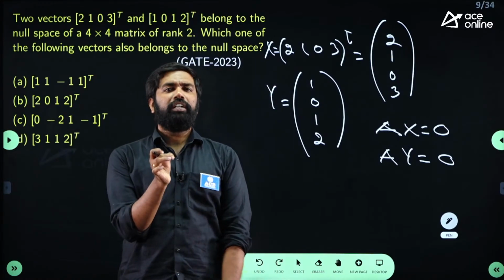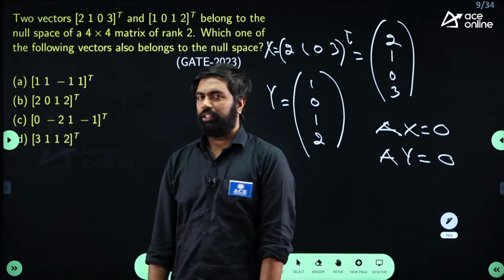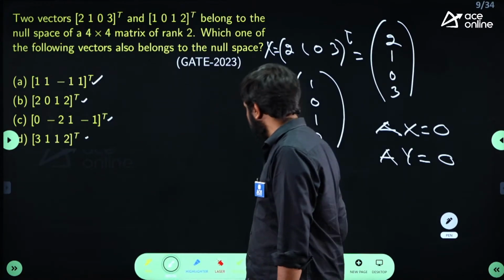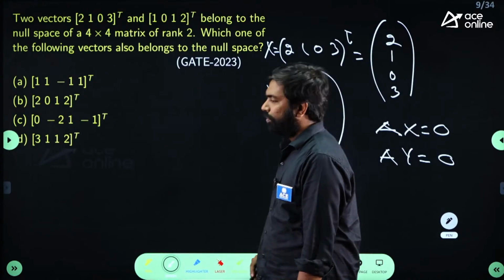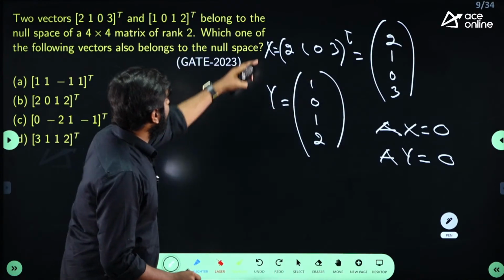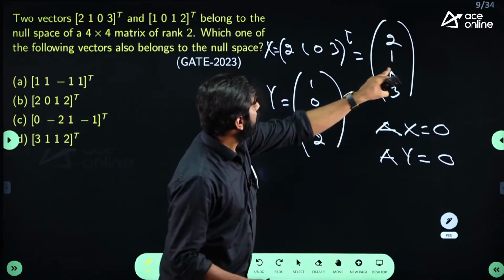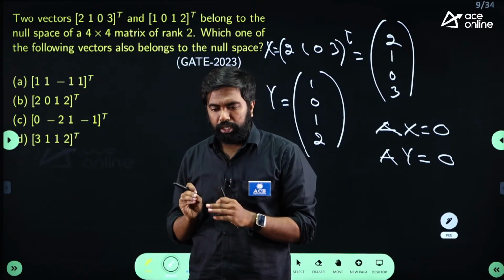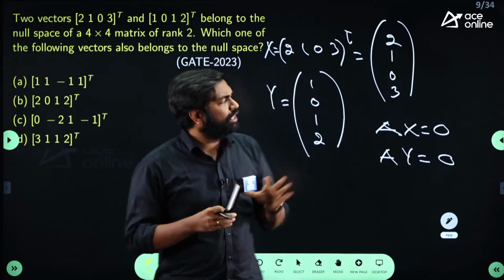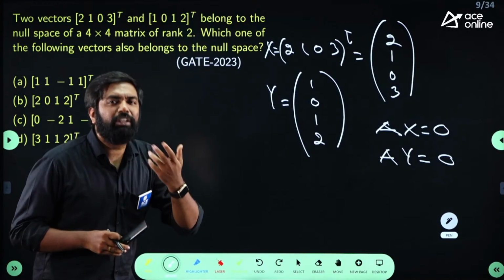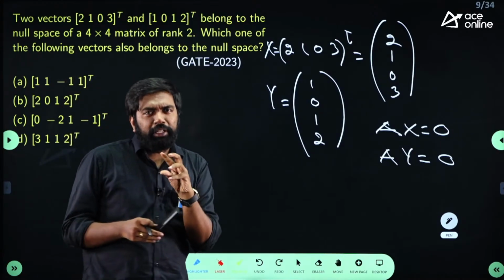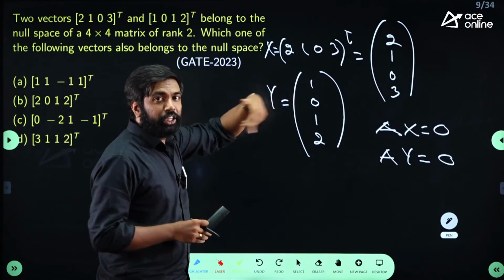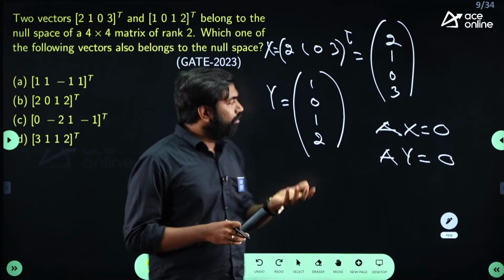Now I have a silly question for you. You observe A, B, C, D. Observe them, simple observation. And you also observe x and y. This is x, this is y. Is there any option in which just by using x and y, just by adding them or subtracting them, just by taking a simple linear combination of x and y, can you figure out which option you have?